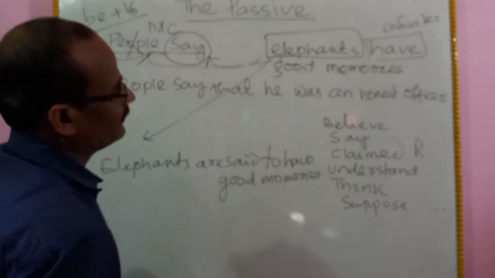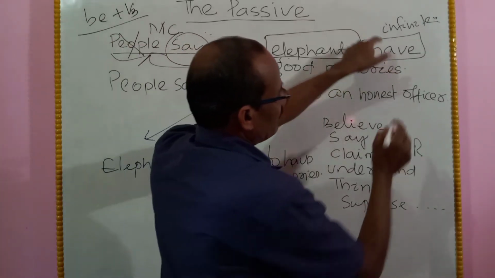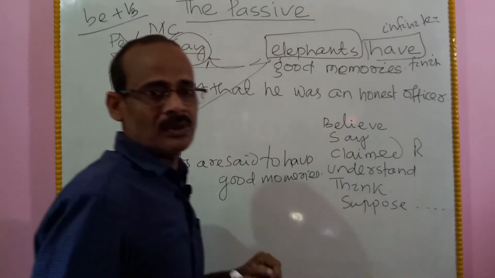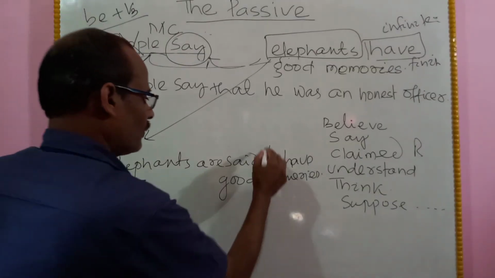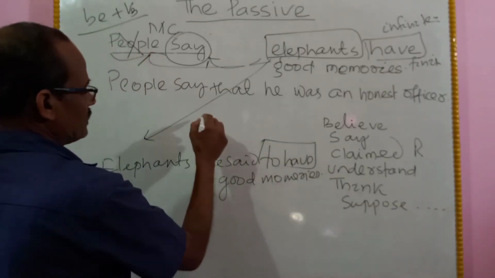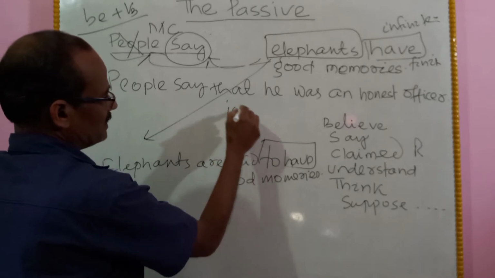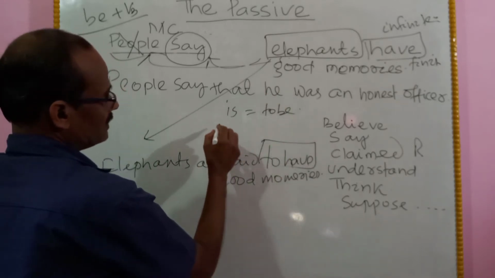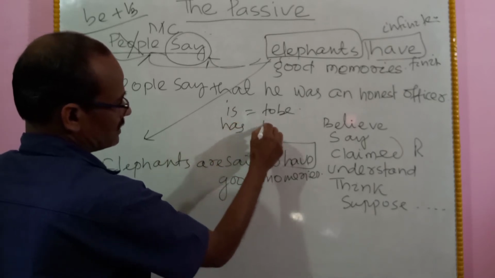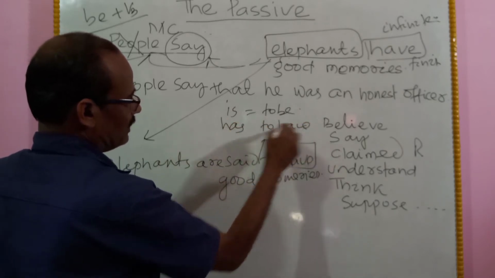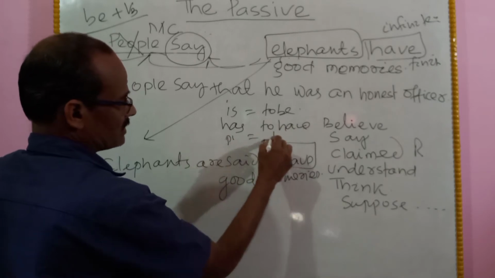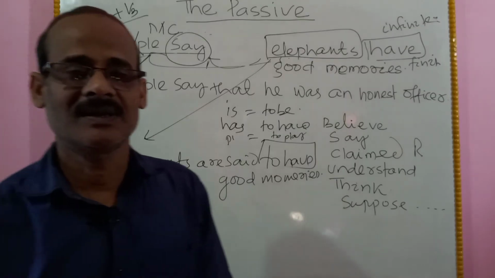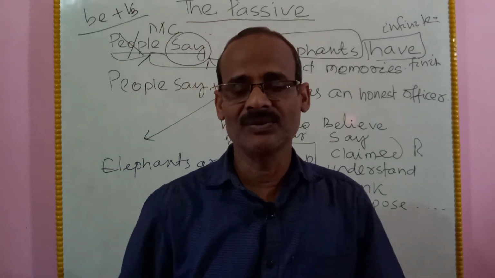We clean that. Then the finite verb comes to non-finite, to have. Suppose the verb is eat, it changes to be. If the verb is has, it changes to have. If the verb is play, it changes to play. What is the rule?